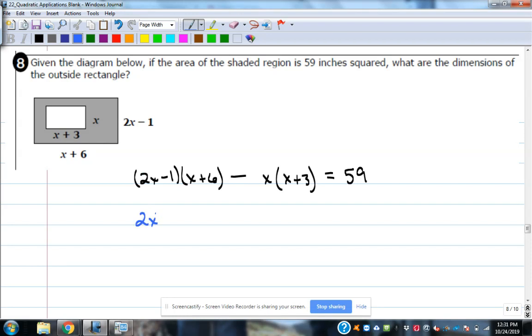So this will be 2x squared plus 12x minus 1x would be plus 11x minus 6 minus x squared plus 3x. Notice that I put the minus and then parentheses there. Why did I do that? Did I like making it look complicated? Well, true.